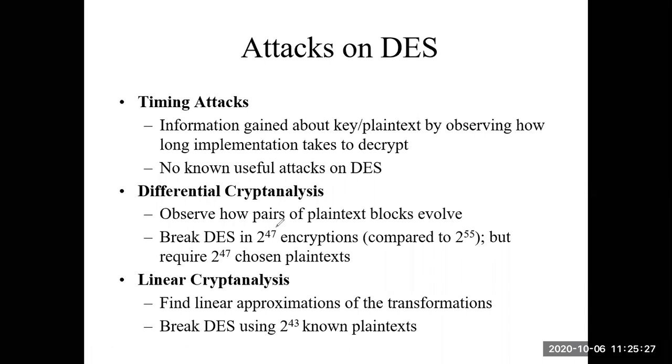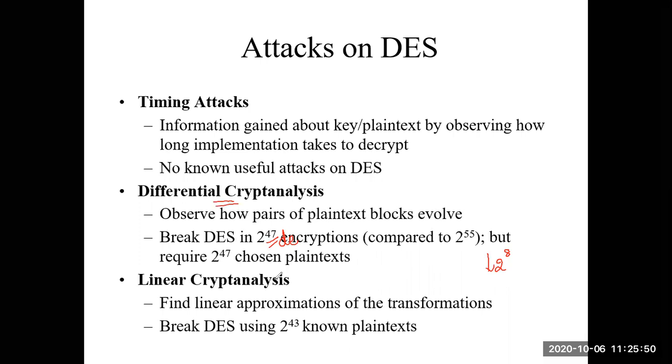See, we have shown a reduction by a factor of 2 power 8. A reduction by a factor of 2 power 8 is possible if we do differential cryptanalysis and we have a chance to observe how pairs of plain text blocks evolve.